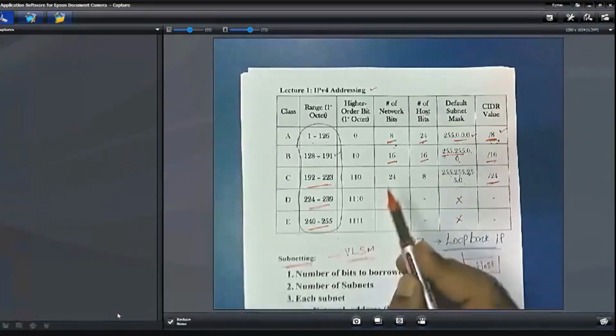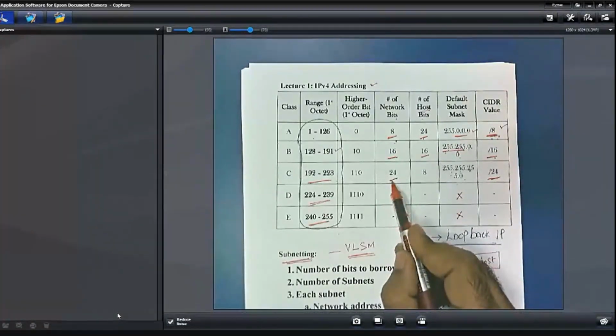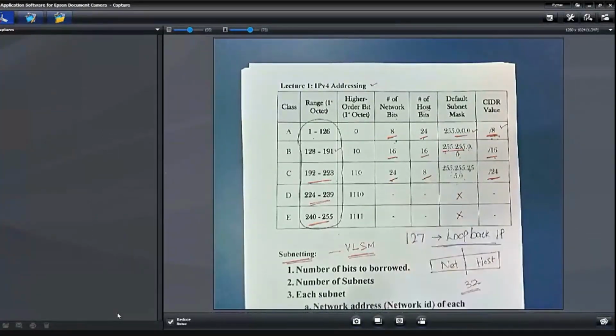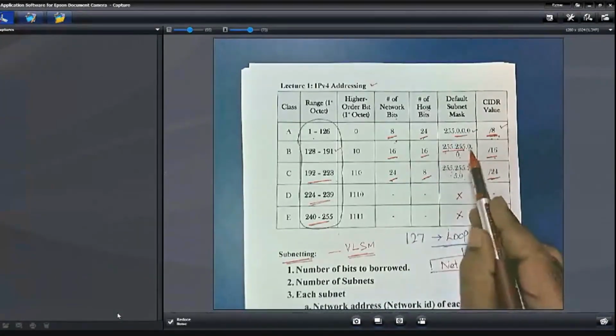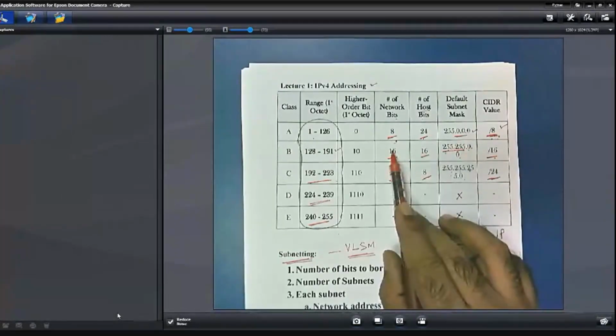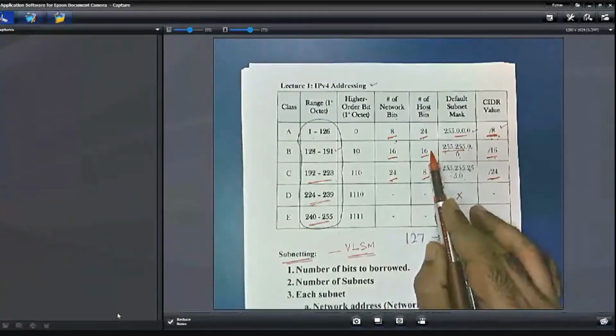For class C, 24 bits are available in the network and 8 bits in the host. This is how you can relate them. Using the subnet mask, you can write the number of bits available in the network and in the host.